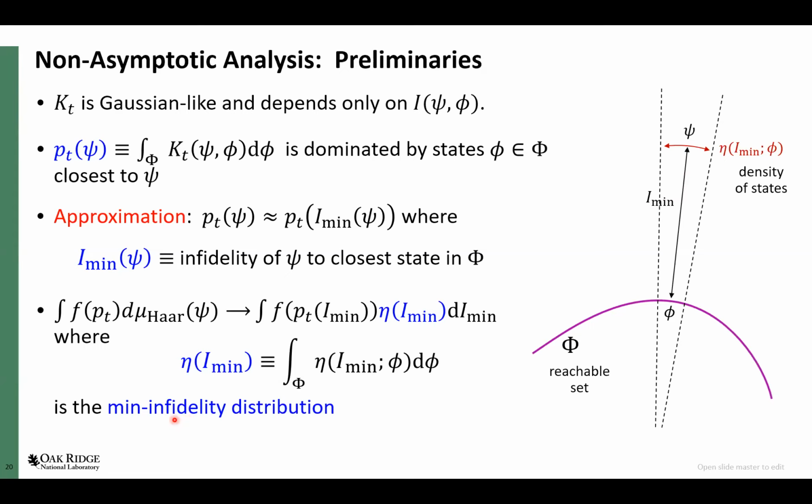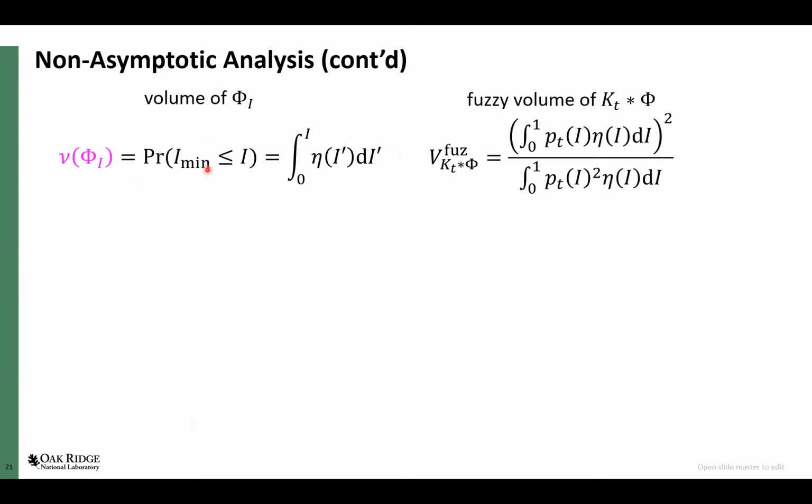In terms of that, we can now connect these two things. The exact measure of states within a given distance is just the cumulative distribution of this infidelity distribution. We can also relate the fuzzy volume, making a couple of weaker approximations, in terms of the same distribution of infidelities, the distances to our realizable set.